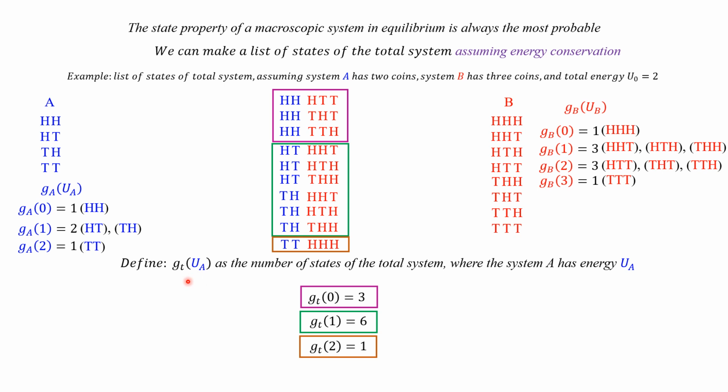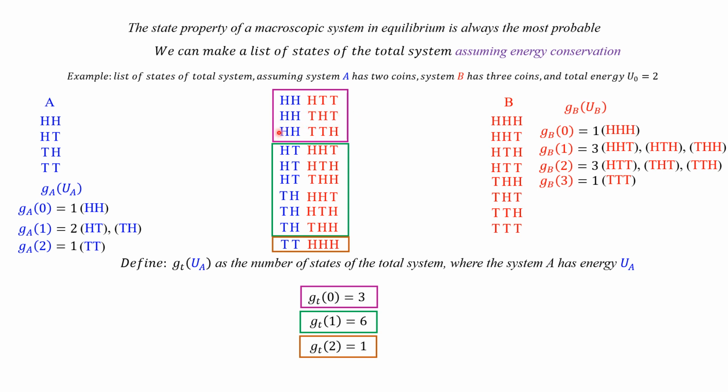So for example, let's say we want to evaluate the multiplicity of the total system at the energy UA equals 0. So we come to our list of states of the total system and we identify in which states of the total system system A has 0 units of energy. So it's this state, and this state.